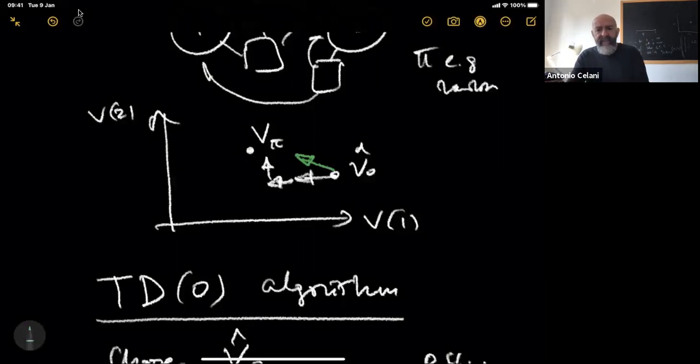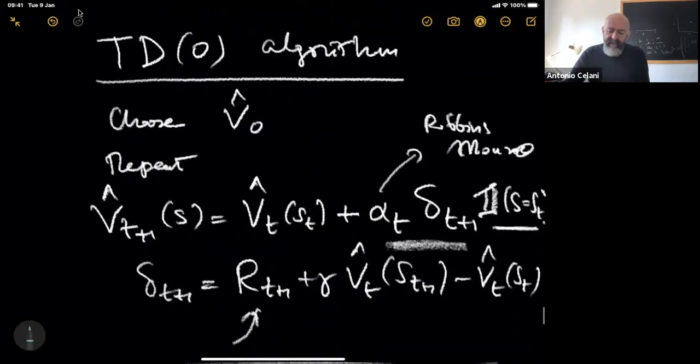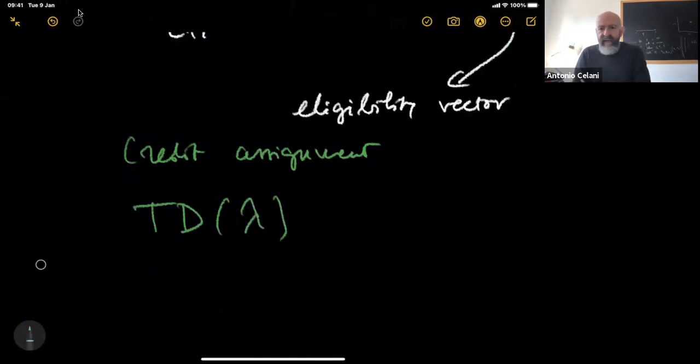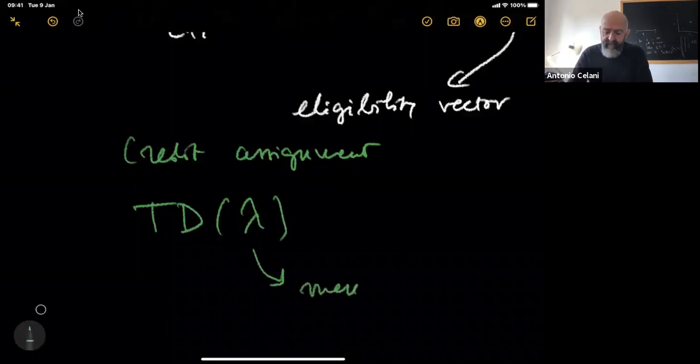So to give credit to states that you have visited in the past for the improvement that you're receiving now during the learning, in a better way. And this better way leads to a class of algorithms which are called TD lambda algorithms, where this lambda is actually a measure of the memory of the states that you've visited in the past.